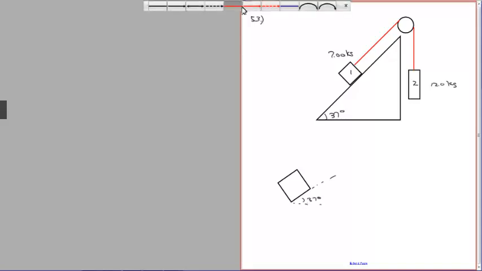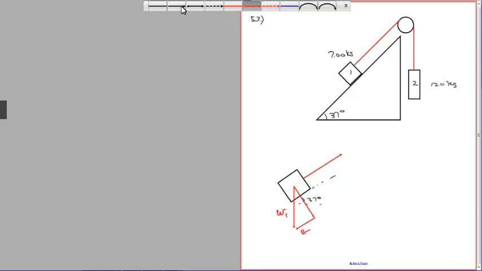And we have a tension in the rope, so we have an arrow representing the tension. Then we have the weight, which is pushing downward, and that consists of a component that is perpendicular to the plane and one that is parallel to the plane. We'll call this W1 because it's mass 1. Let's define our coordinate system.